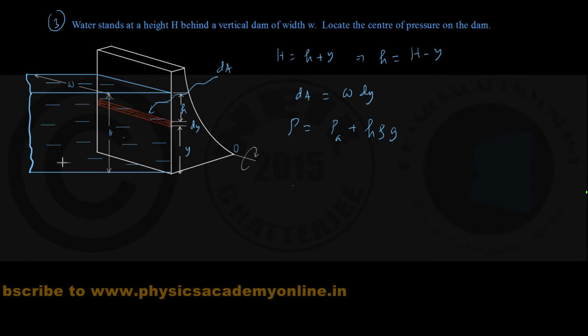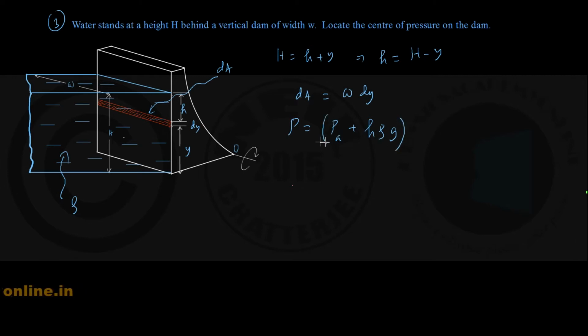Here, the density of water is taken to be rho, and h is of course the variable depth of the strip from the free surface of water. So it is Pa plus h rho g, the pressure of water acting to the right, minus the pressure of atmosphere Pa acting to the left.